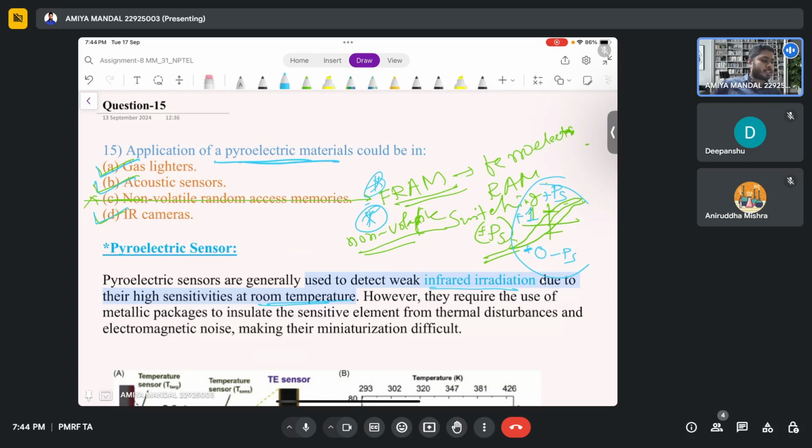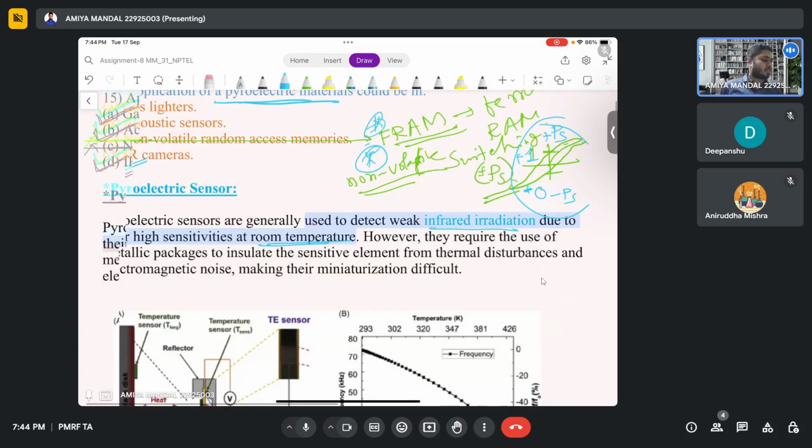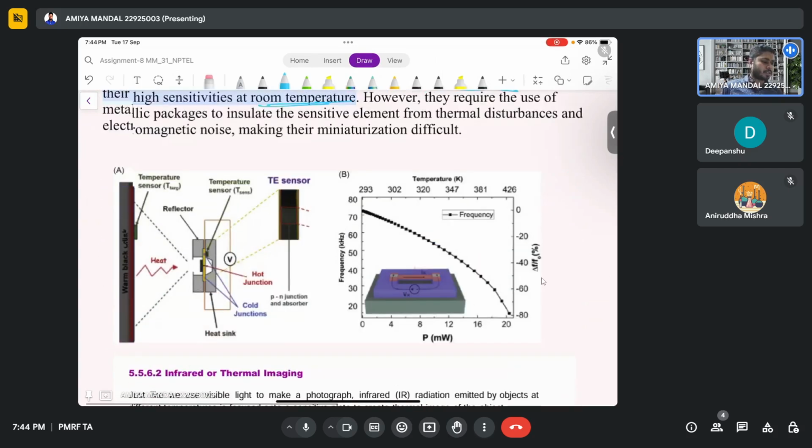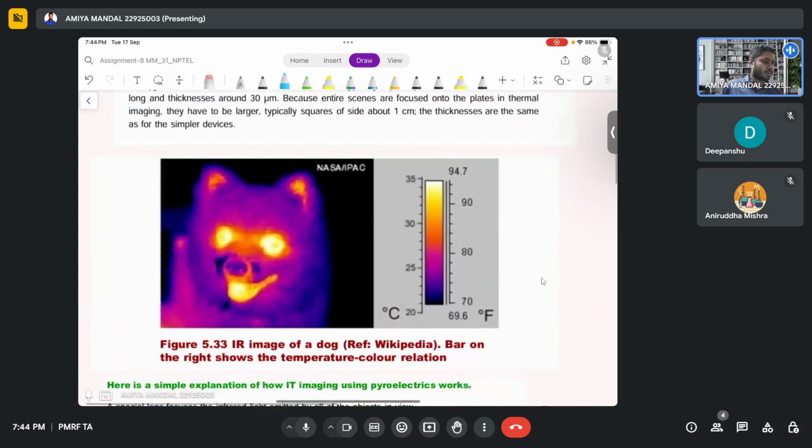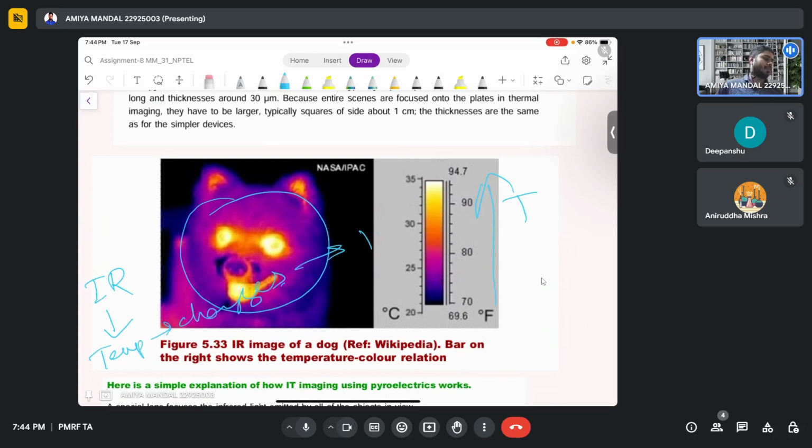Infrared radiation is where infrared cameras are used. Okay. These are some infrared imaging examples. You can see how infrared radiation generates temperature, and that's why charges are generated, that's why pyroelectricity.